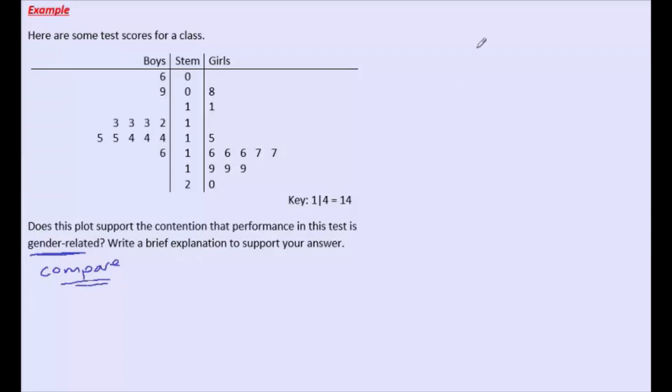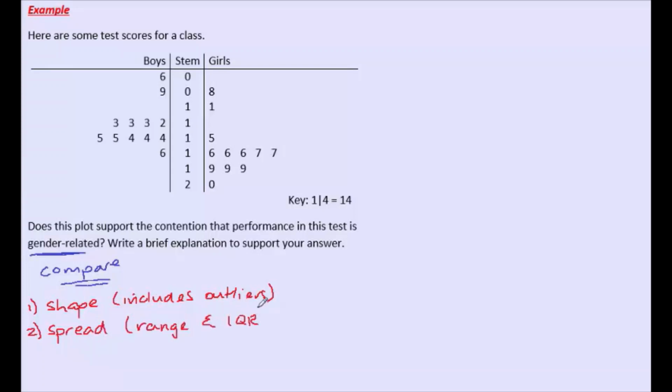Now, when we compare box plots, there are three ways we compare them. We look at the shape, and that includes outliers. We look at the spread, and that can mean both the range and the IQR.